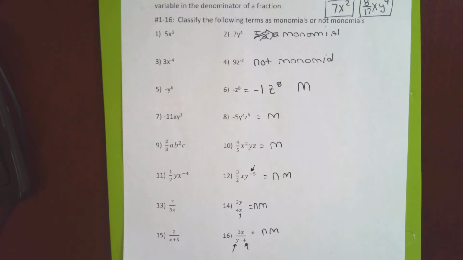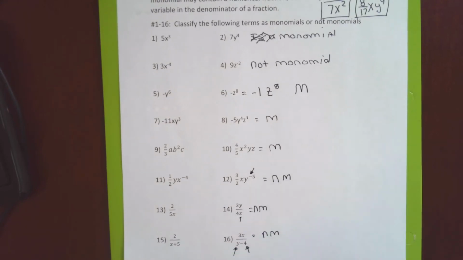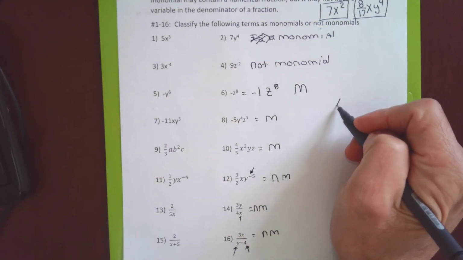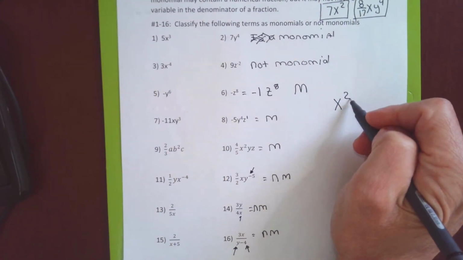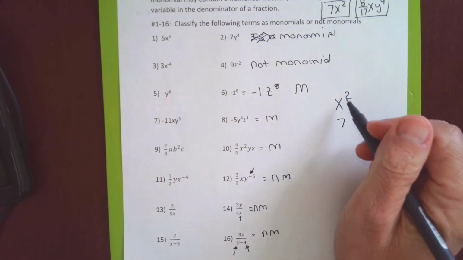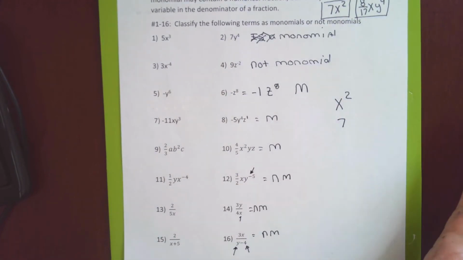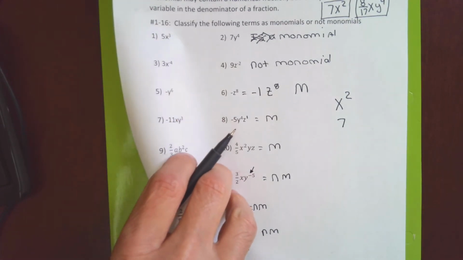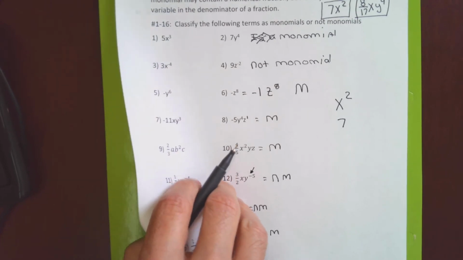So this is just simply identifying what a monomial is. It could just be a plain letter with an integer exponent, a plain number, or a combination of a number times one or more letters with whole number exponents: positive numbers, 1, 2, 3, 4, 5, and on.